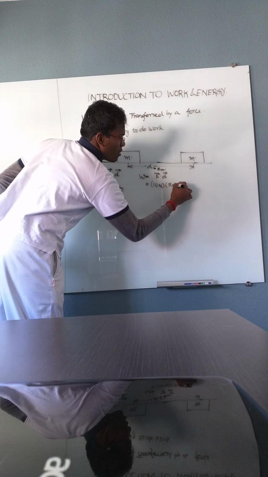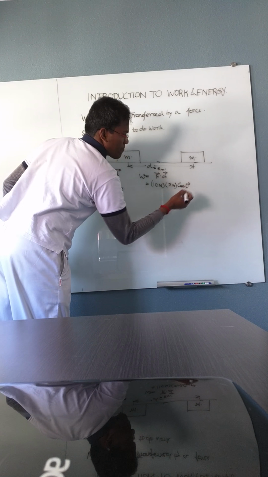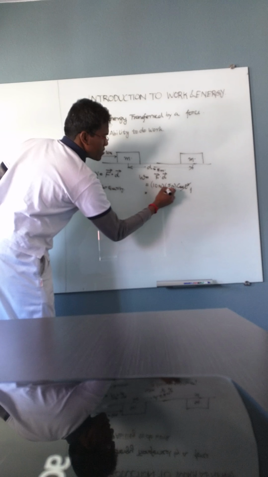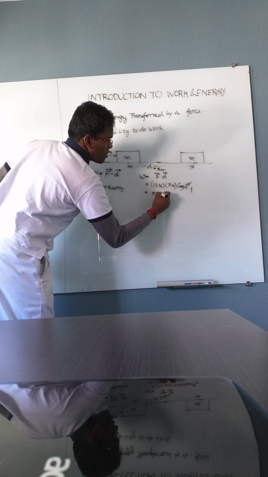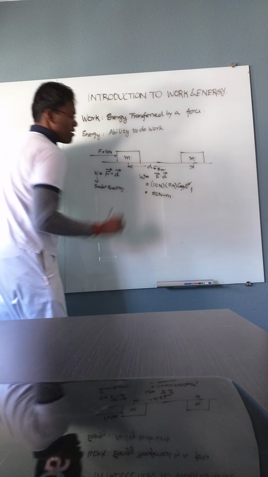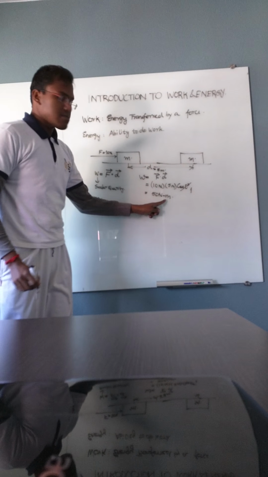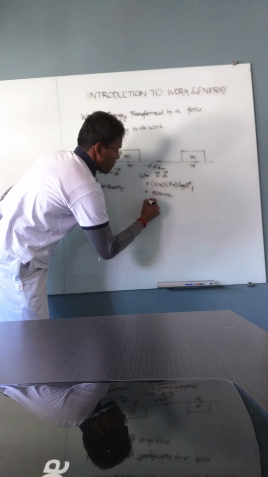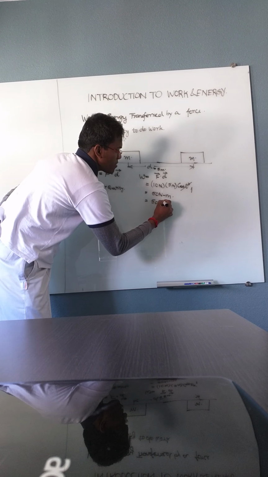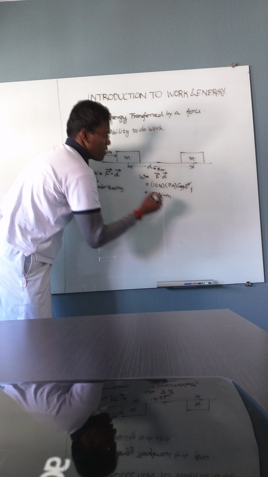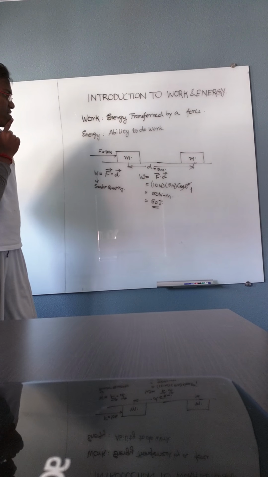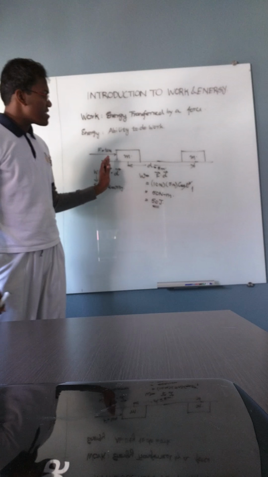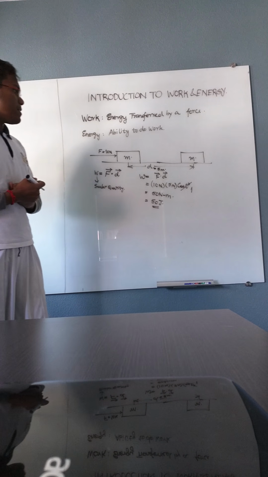That would be cos of 0 degrees, which is 1. So this reduces to 50 newton meter. Newton meter is very popularly called joule. So the work done is 50 joule. That is the work done by the force of 10 newtons to move a mass m by a distance of 5 meters.